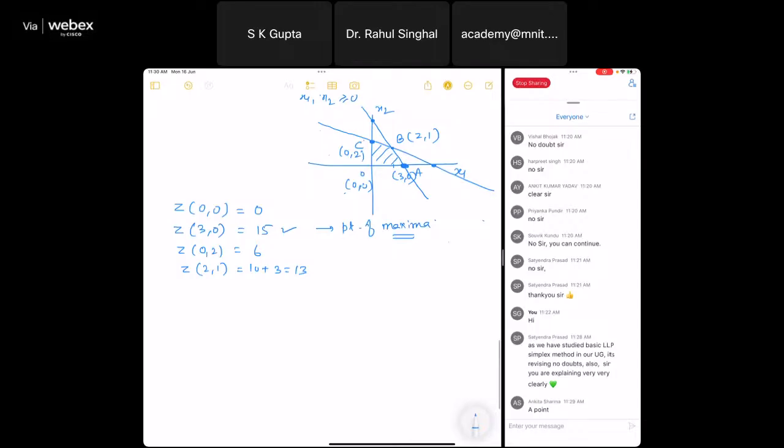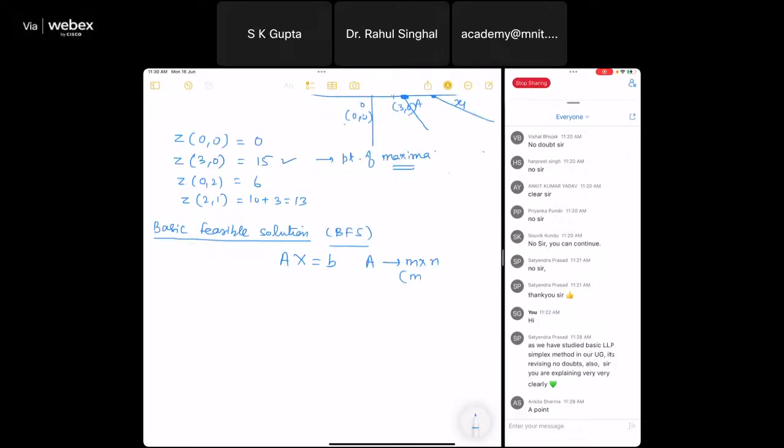Now come to basic feasible solution, BFS. So this also you might understand what BFS means. Suppose you have AX equal to B as a system of linear equations. A is a matrix of order M cross N, right? Where M is less than N, and rank of A is M, right?